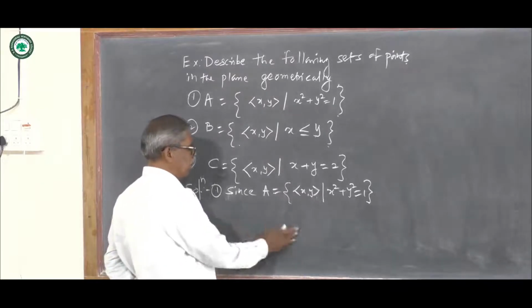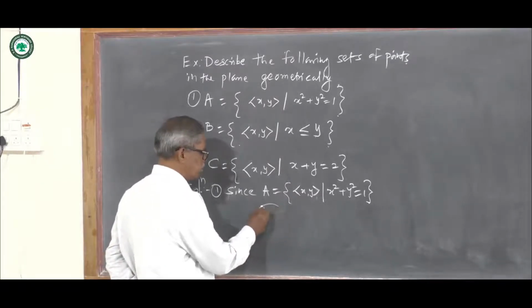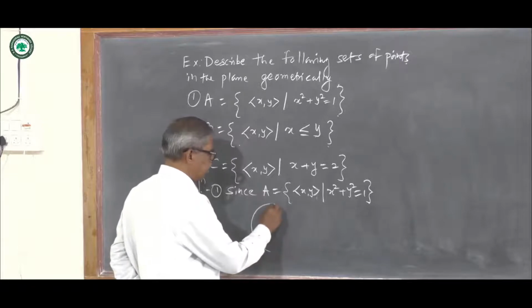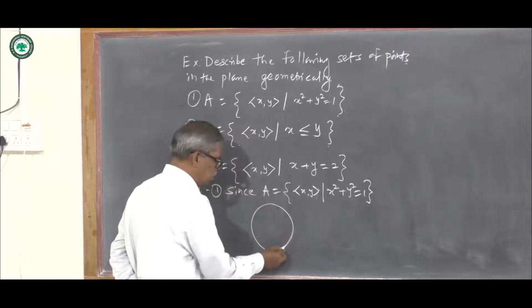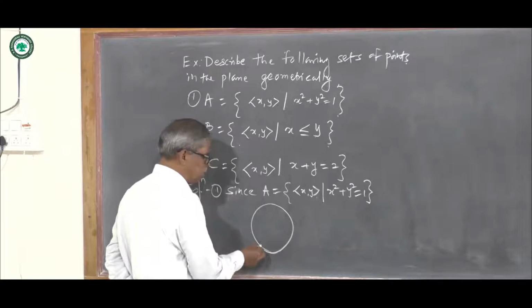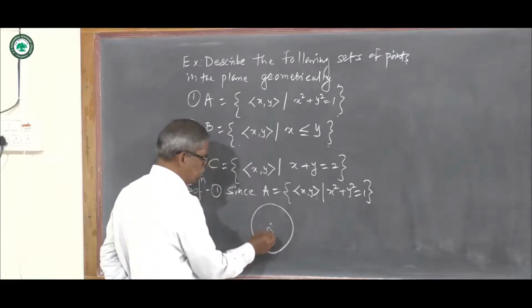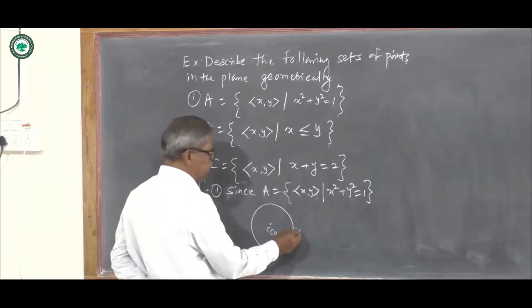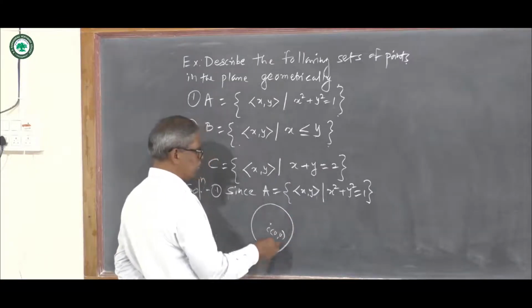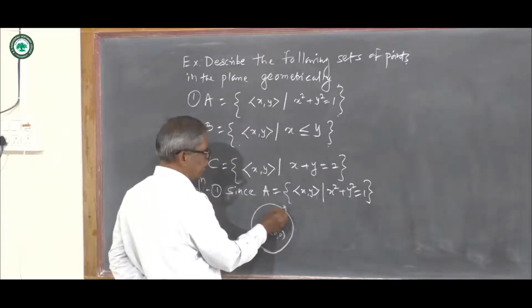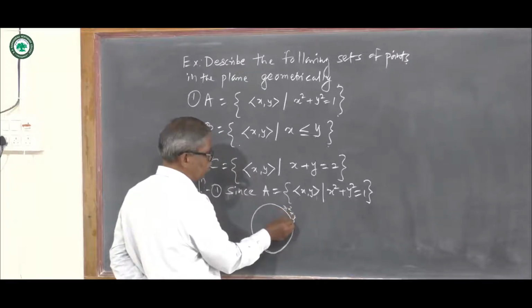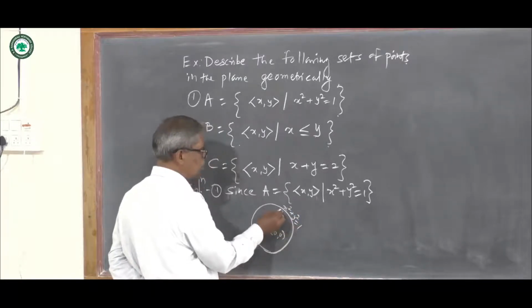It is the set of all points on the circle whose center is at the origin (0, 0) and radius is equal to 1.